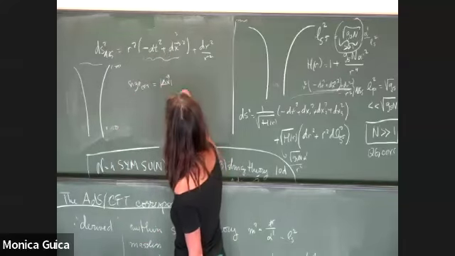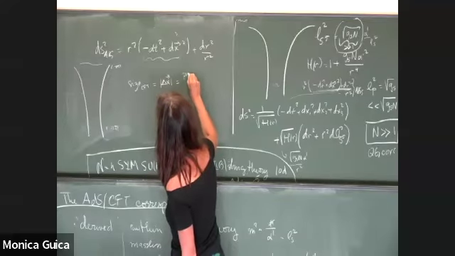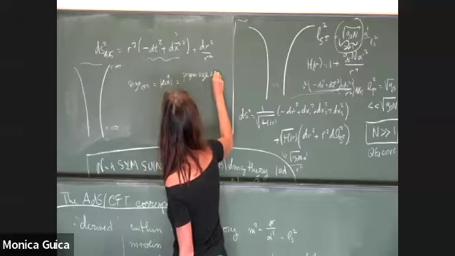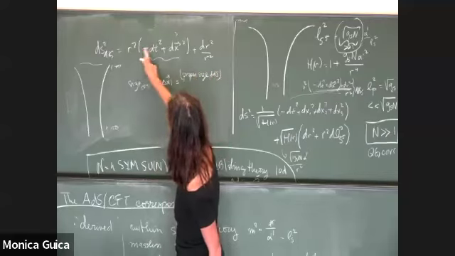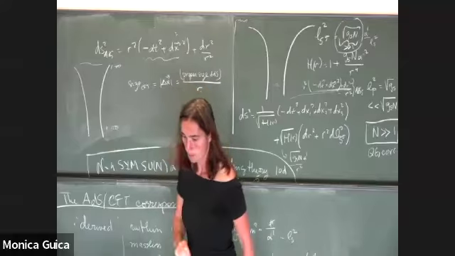But you can easily see from this metric that this is the proper size in AdS, which is r times dx, because I'm measuring in this metric, divided by r.